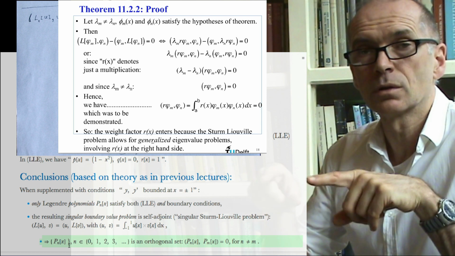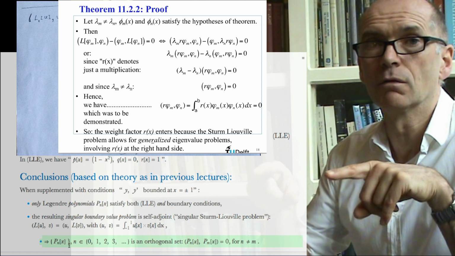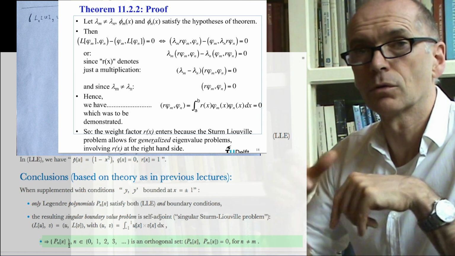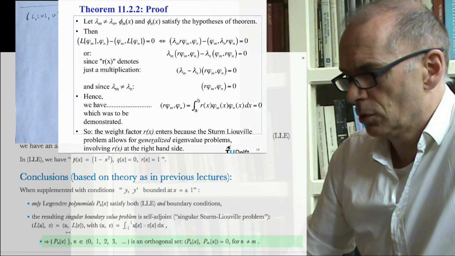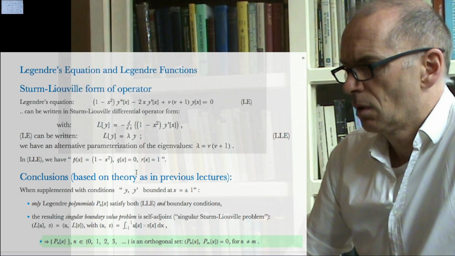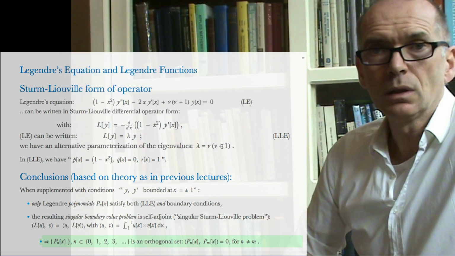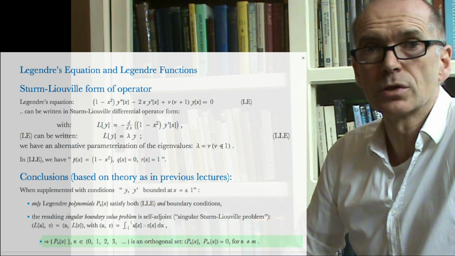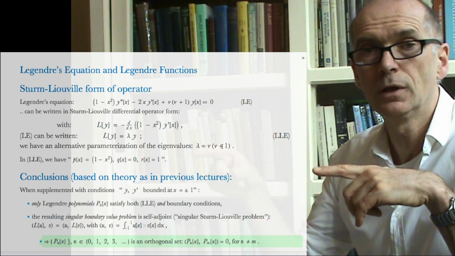then it follows that any eigenfunctions that belong to different eigenvalues are automatically orthogonal. Now, in this case, the Legendre polynomials have as eigenvalues n times n plus 1, and they exist only if n is a natural number, so 0, 1, 2, 3.